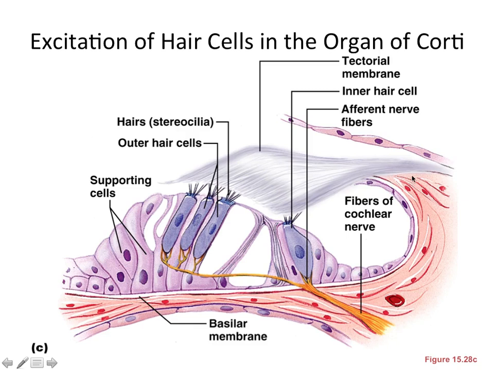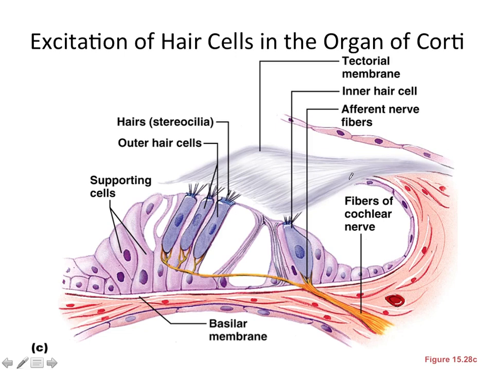So how does this work? Let's zoom in on the organ of Corti again. We have the outer hair cells and the inner hair cells, and this is the tectorial membrane.